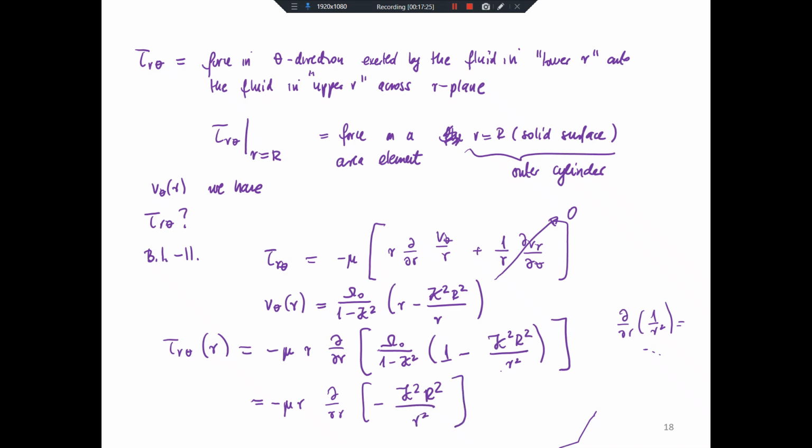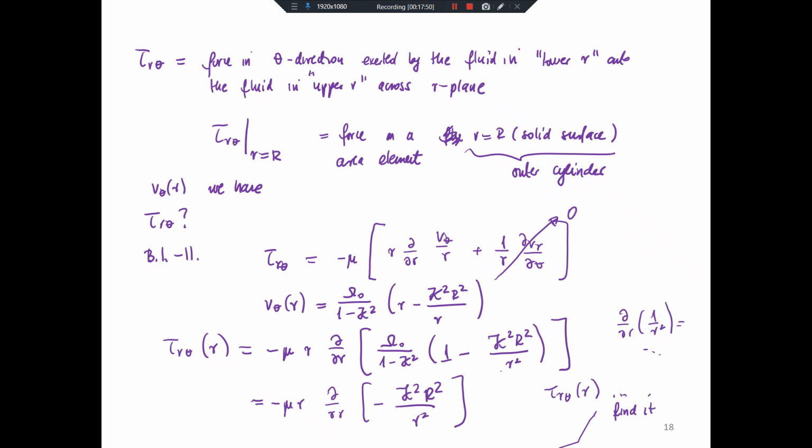Because the first part is the constant. When you do that, I want you to derive it yourself and obtain a form of tau r theta of r. I don't want to derive everything for you. Find it.